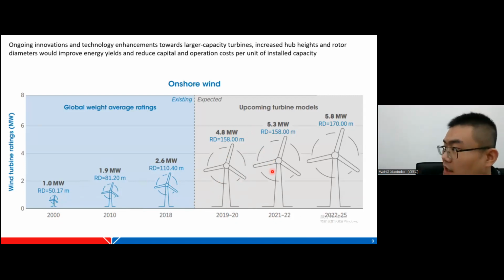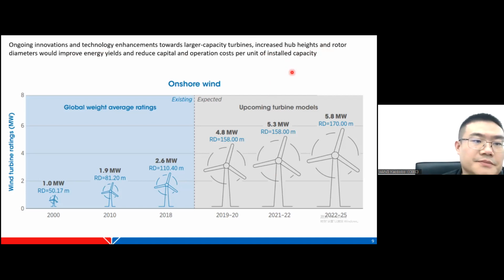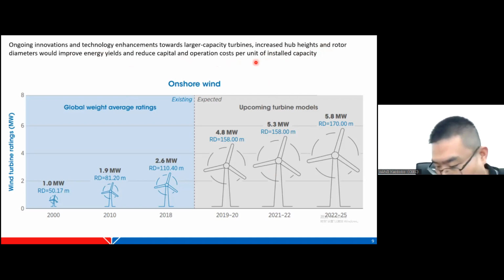You can imagine how big the factory is for manufacturing this kind of blade. And we can see the increase in hub height and rotor diameter, especially the rotor diameter. It needs a much bigger factory for the manufacturing. For sure, it will improve the energy yield and reduce capital and operating cost per unit. Bigger is better. For wind, bigger is always better. You can remember that. Bigger is better.